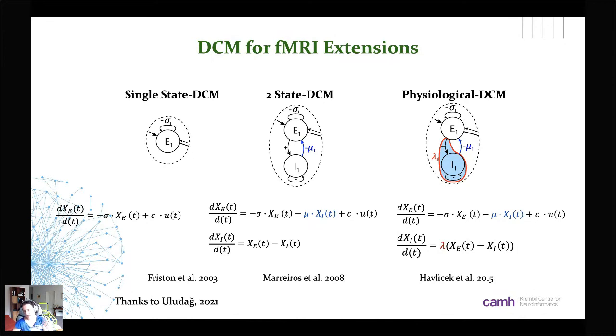So the physiological DCM is an adaptive two-state DCM, which is an extension of the Marreiros et al. approach, where the dynamics of the inhibitory state are driven by the excitatory state and scaled with an inhibitory gain factor lambda. This gain factor allows controlling the relative amplitude of the inhibitory activity with respect to the excitatory activity, so it allows basically for an adaptation of this gain.